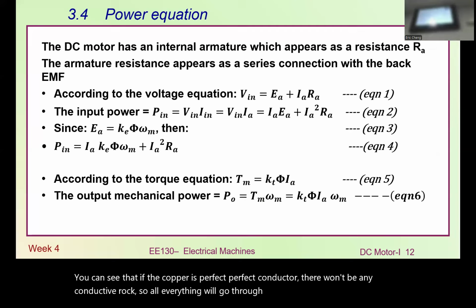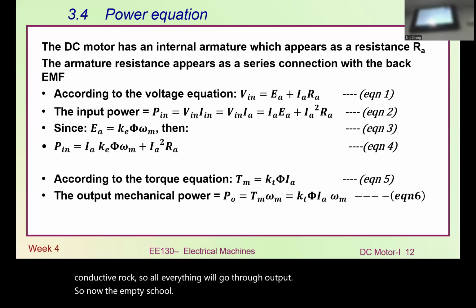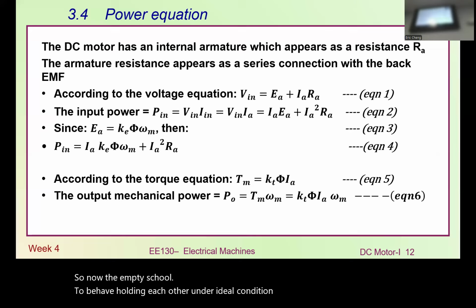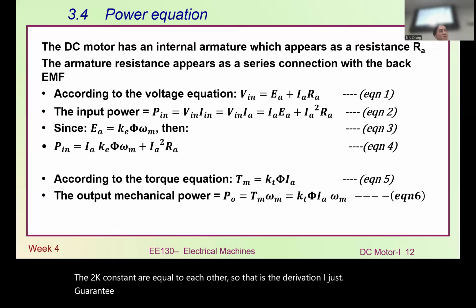So now, these two should be equal to each other under ideal condition, with no resistive loss. If you equate these two, what can you observe? The two K constants are equal to each other. So that is the derivation I just promised you. These two are equal to each other in a good motor.